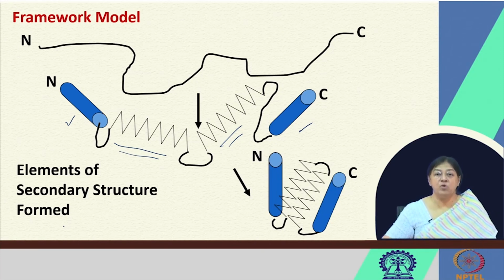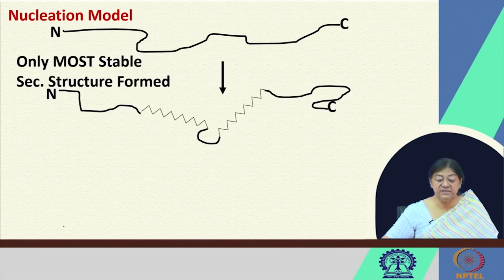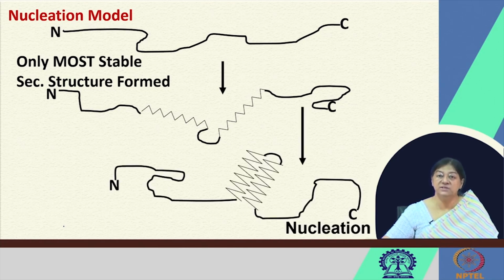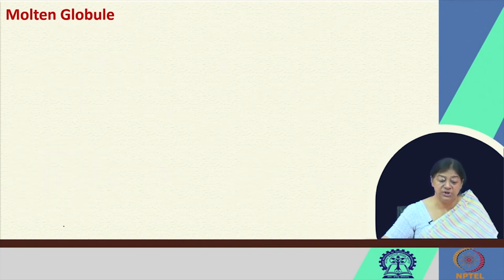So, this is the framework model where the elements of secondary structure are formed in the beginning. In the nucleation model, only the most stable secondary structure is formed first. Then this associates, giving a nucleation to the protein folding process, and this then finally will form the folded protein. So, we get the final folded structure either by a framework model or a nucleation model.